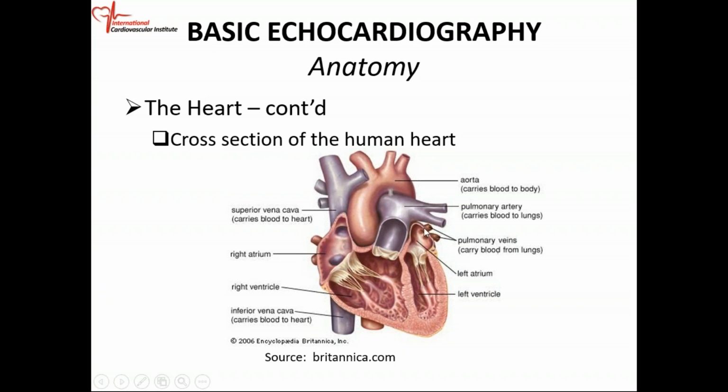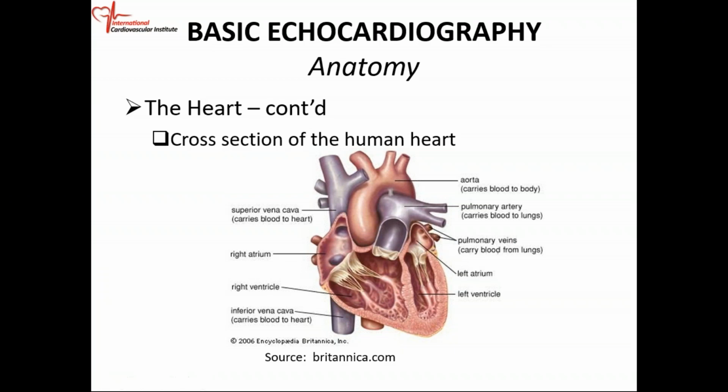There are four pulmonary veins, two on the left side of the left atrium and two on the right side. Okay, you have an upper and a lower. So there are four pulmonary veins which enter the left atrium.